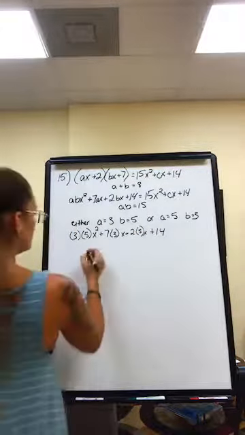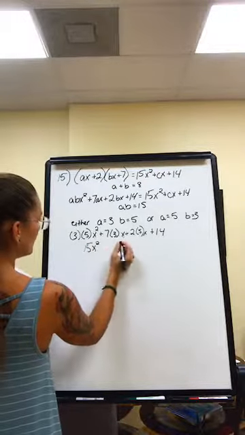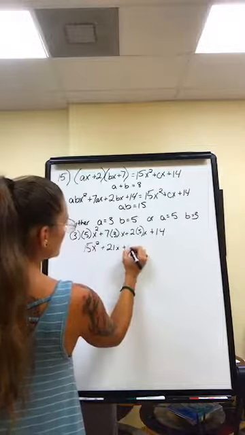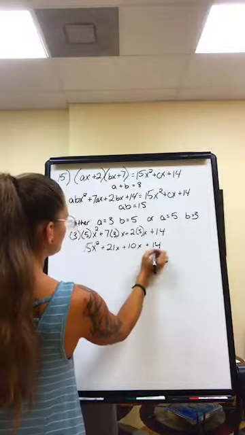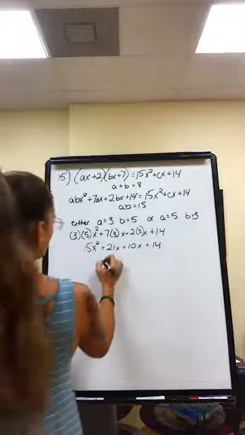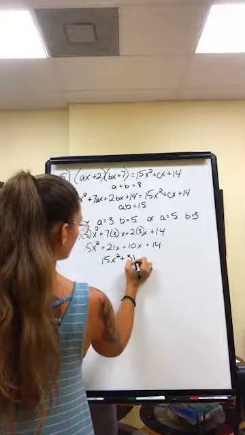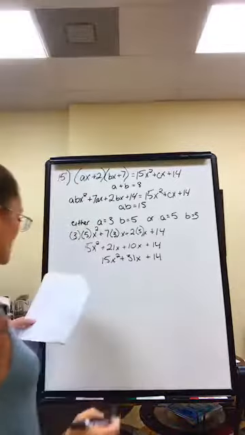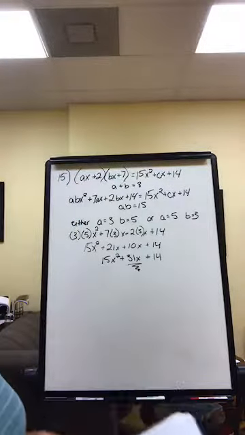Okay, so we have 15x squared here, plus 21x, plus 10x, plus 14. Okay, 15x squared plus 31x plus 14. So this is one possible value for C, 31.